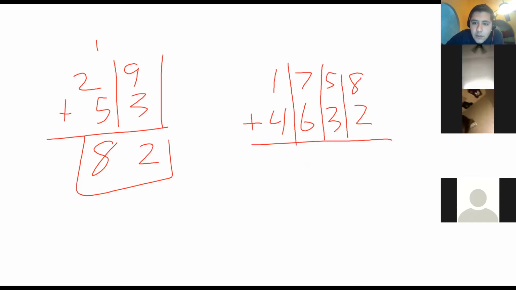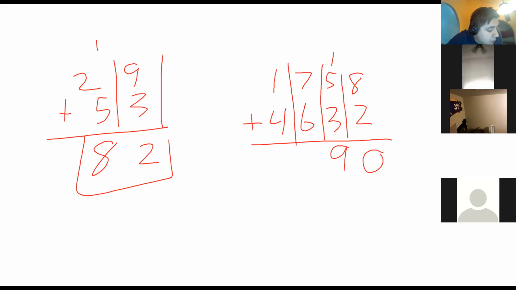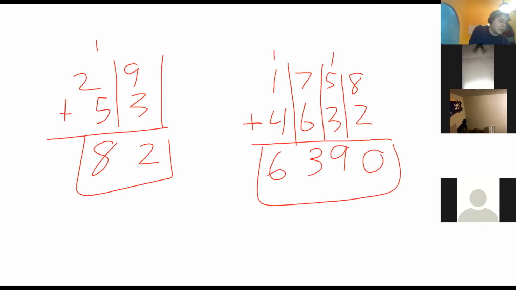So 8 plus 2 gives us 10. And so we write down the 0, we're going to carry the 1. So then 5, 3, and 1 is 9. Then we got 7 and 6, which gives us 13. And then we have 4, 5, and 6. So 6,390. Again, very simple. We just got to continue practicing.